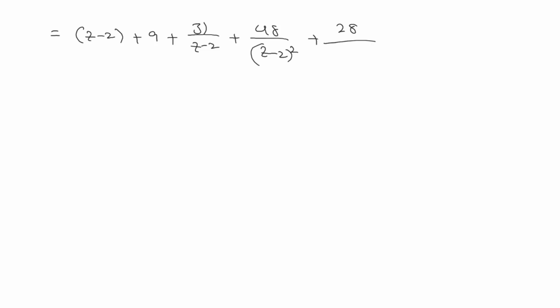When you separate the denominator to each term, you will get this as (z minus 2) plus 9 plus 31 divided by (z minus 2) plus 48 divided by (z minus 2) whole square plus 28 divided by (z minus 2) whole cube.